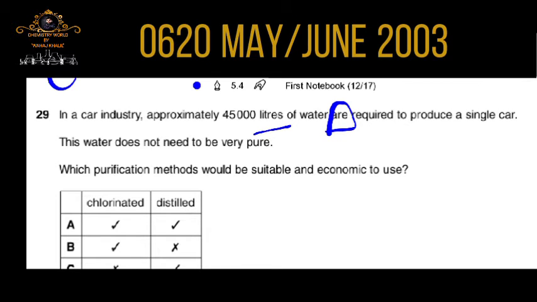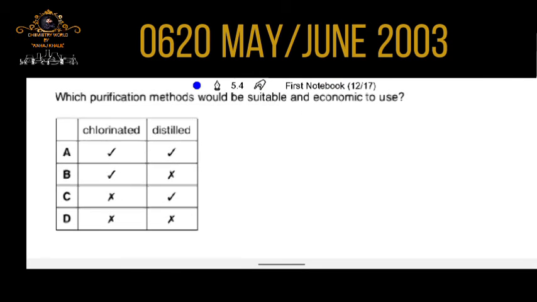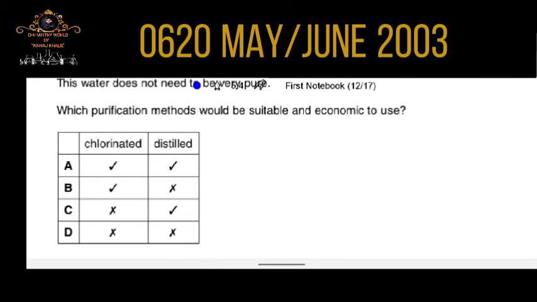This water does not need to be very pure. So which purification method would be suitable and economic? Is it chlorinated? Chlorine is used to purify when it is directly related to health. Is it distilled? Distillation is a very expensive process at a high level. So for washing, none of these methods are used. Option number D.